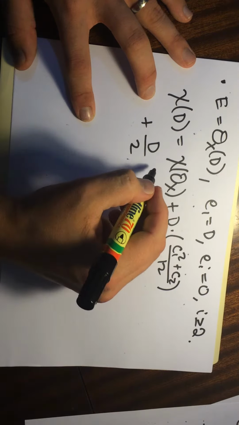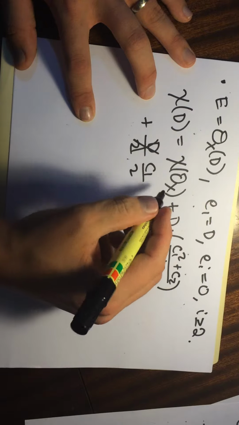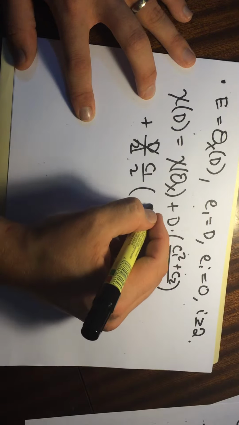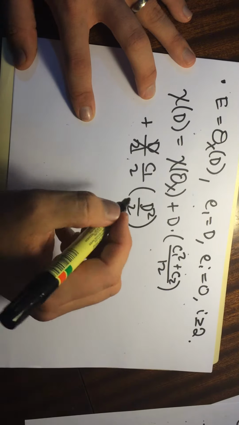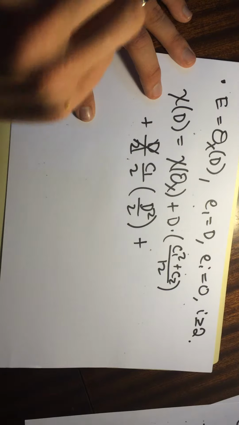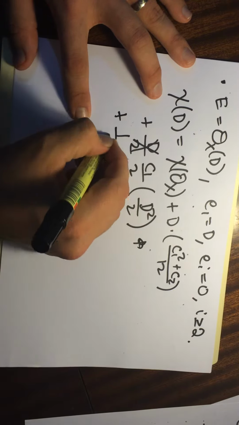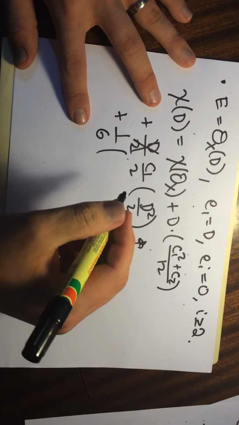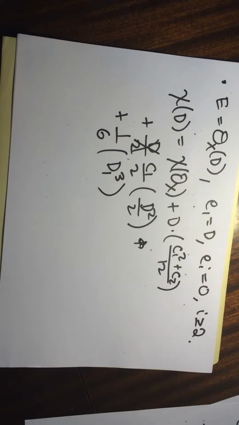Plus the next term is D over 2 times C1 over 2. So this is the negative canonical class. D squared over 2. And then what do we have next? Plus 1/6 D cubed. Okay, so this is kind of nice looking as well.